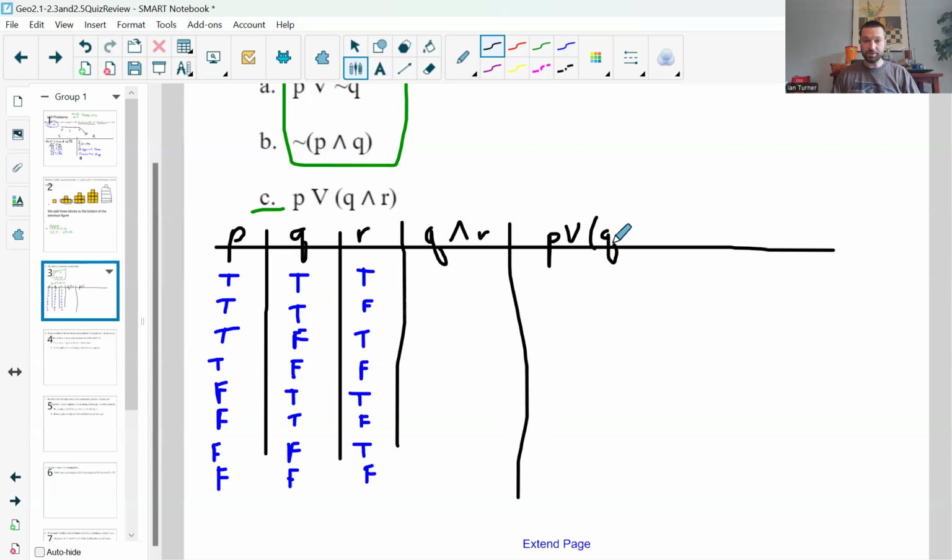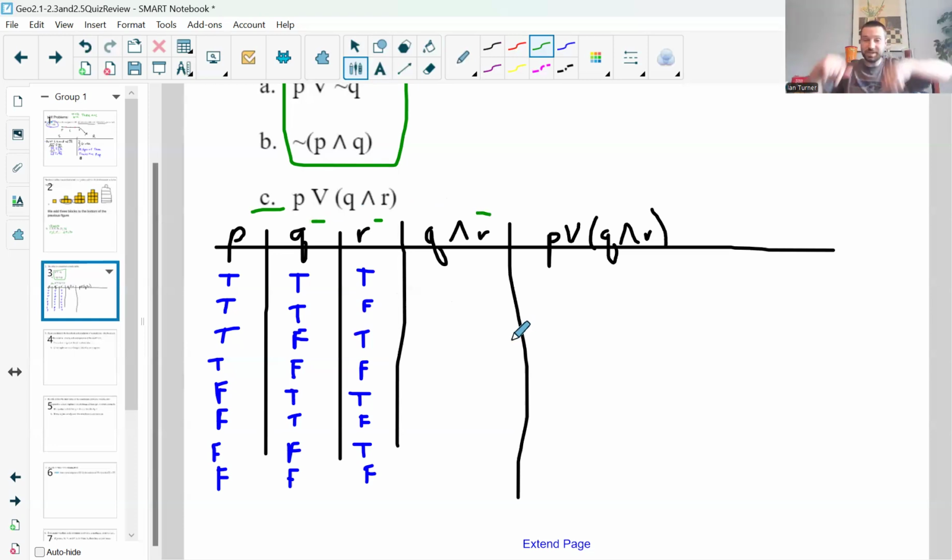But again, we're doing this piecemeal so that we only have to look at two columns and not overuse our brains.